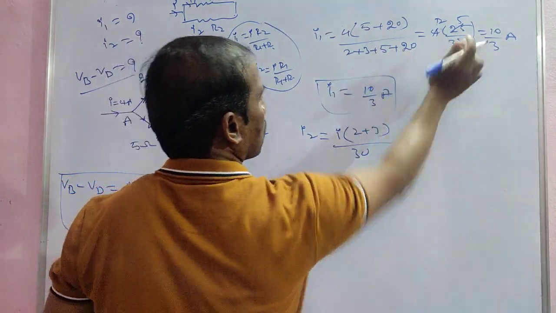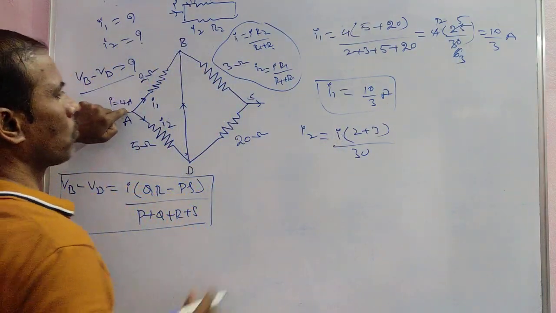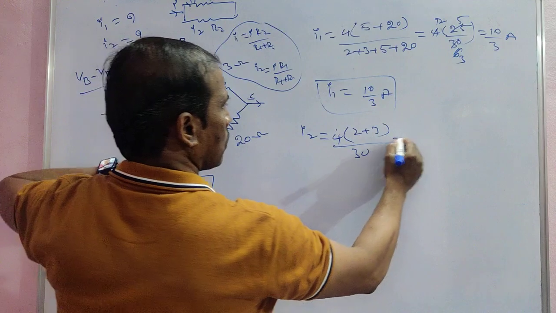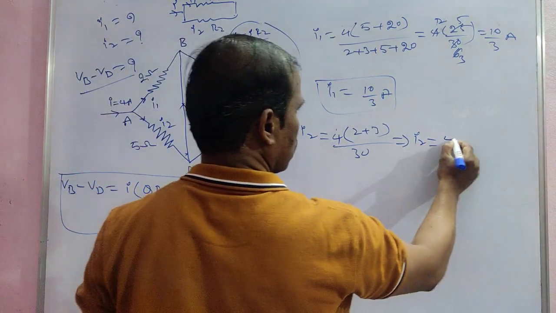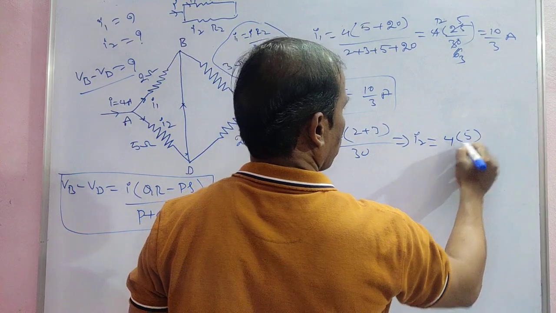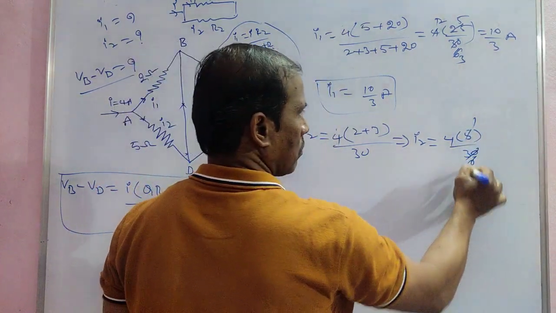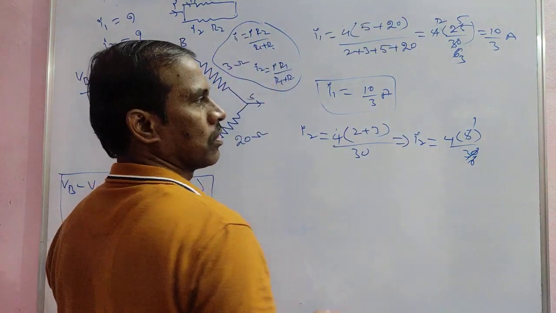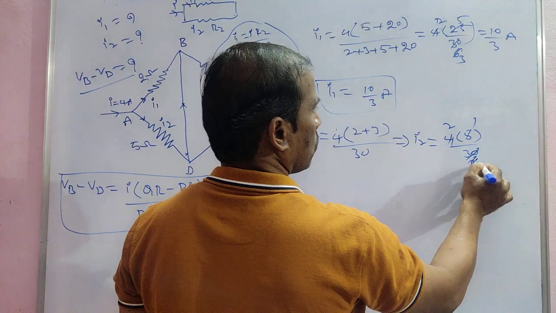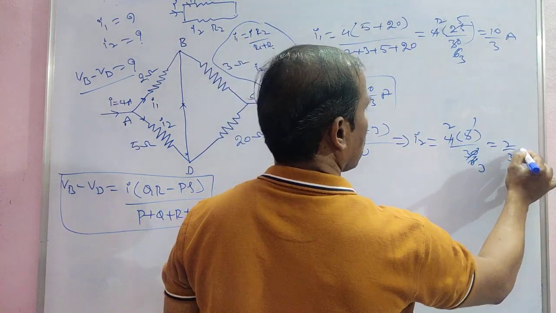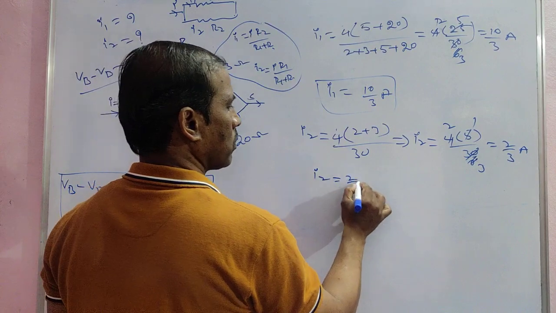Now I is equal to 4 amperes, so I2 is equal to 4 into 5 by 30. Simplifying, that is equal to 2 by 3 ampere. So here I2 is equal to 2 by 3 ampere.